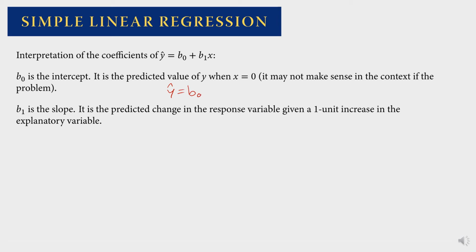It's the value of the response variable when the explanatory variable is 0. b1 is the slope. An increase of 1 unit in x leads to an increase of b1 in y. And if b1 is negative, there will be a decrease in y.